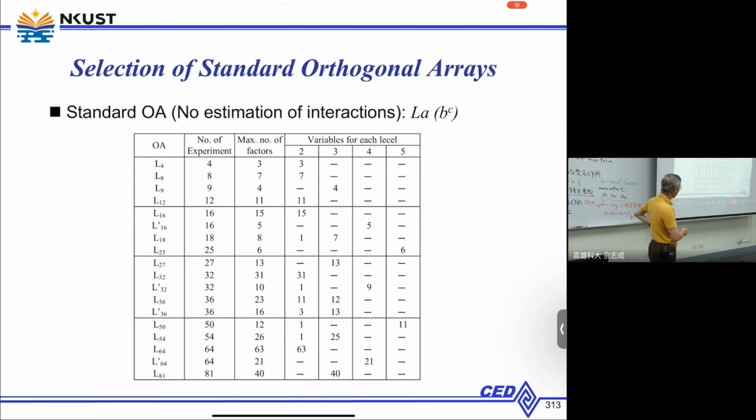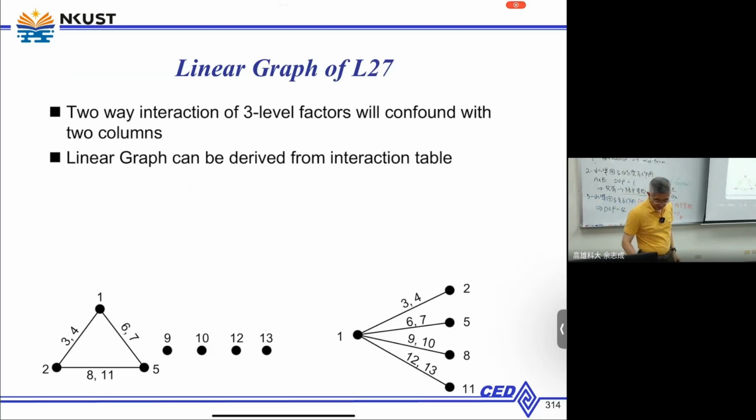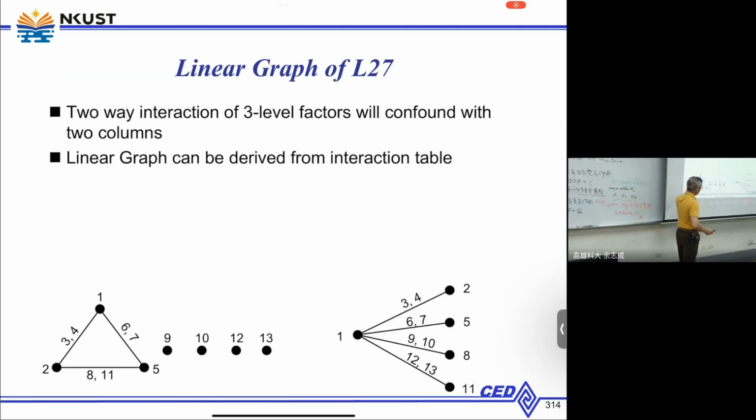Good, that's 13 columns. So L27 is good enough. But L18 cannot be used to estimate interaction. So we select L27, which has 2 linear graphs.